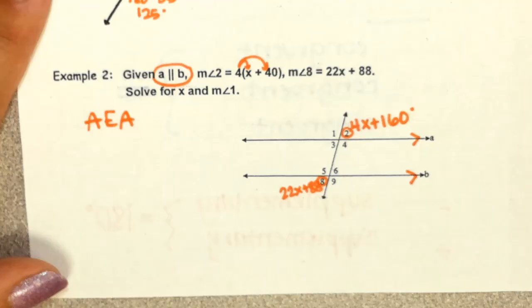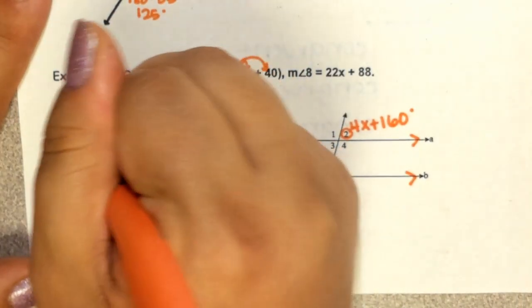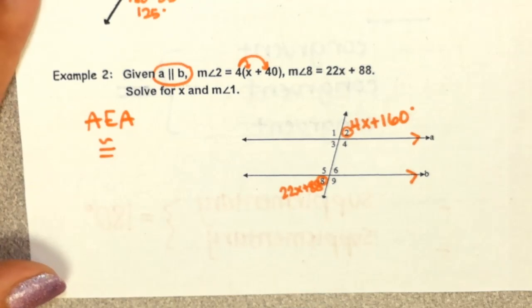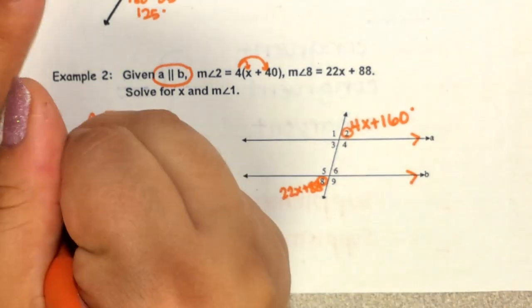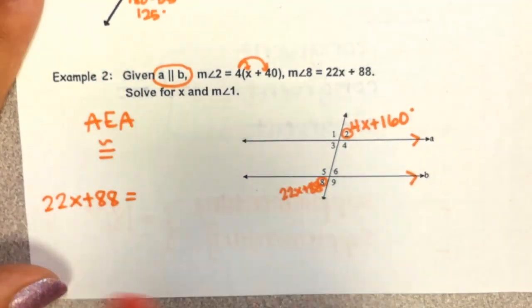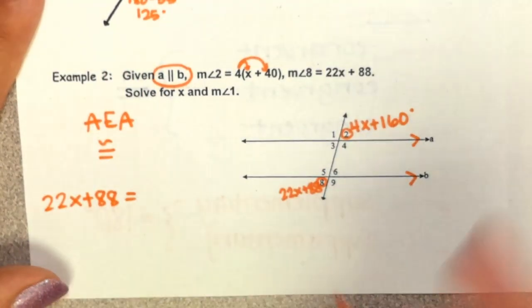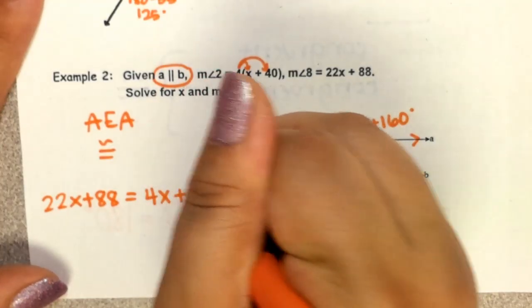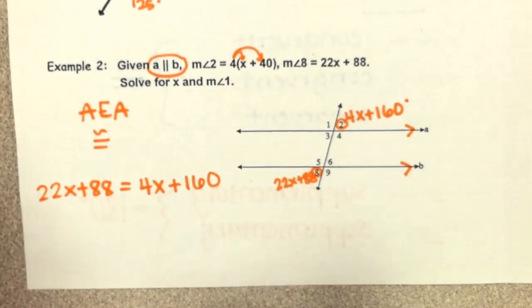Alternate exterior angles are what? Congruent. So write a congruent sign underneath that. So what can I do to these angles? 4x plus 160 equals 22x plus 88. You're right. I'm going to put the 22x first just because I like to move everything this way, but if you write it backwards, it's still right. Solve this, please.